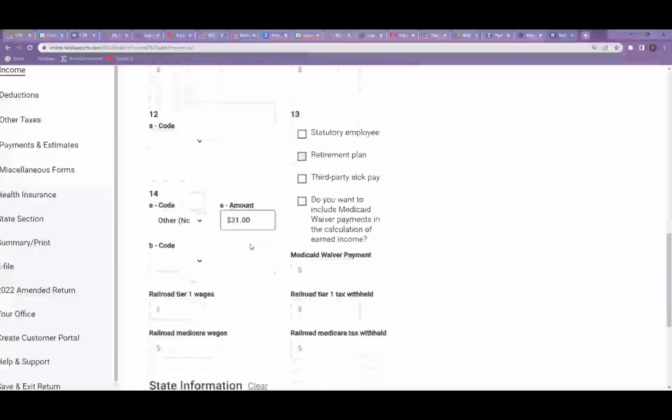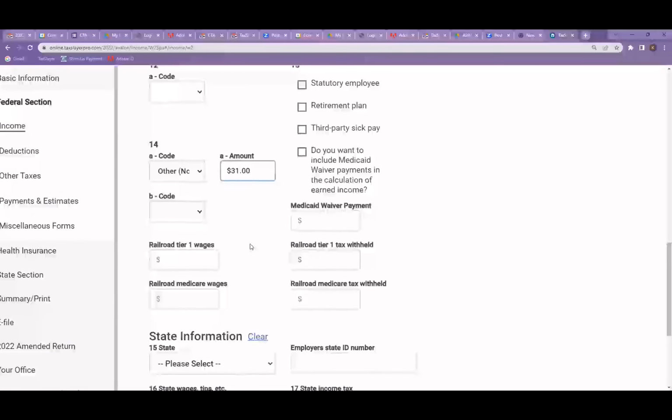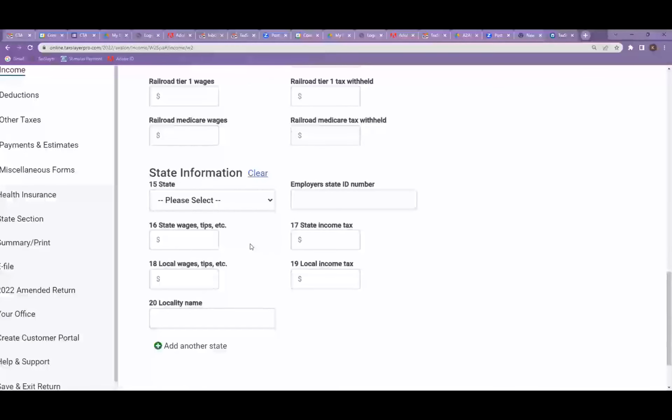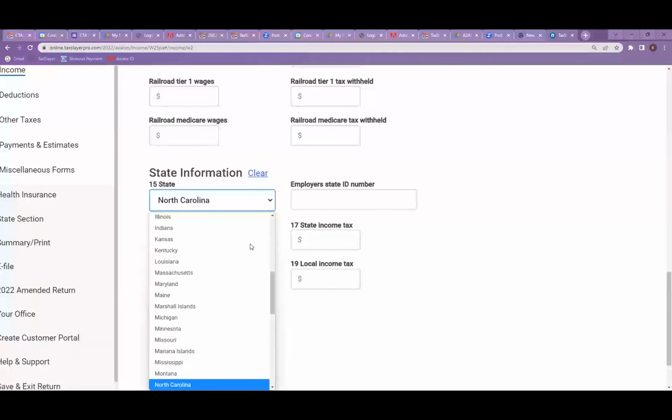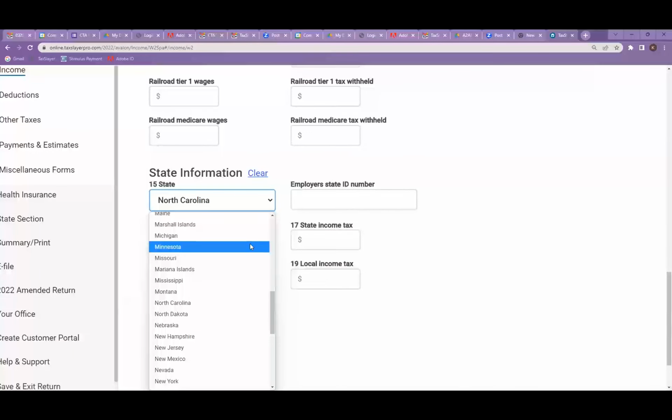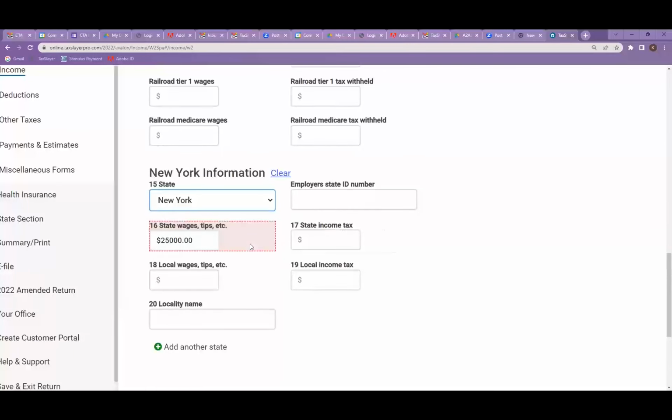Okay. Scroll down, please. Go to the state information. Box 15, scroll down, we should see New York somewhere. And 25,000 of wages carries forward. The employer's ID number is 134397759, which is similar to the EIN number, guys.